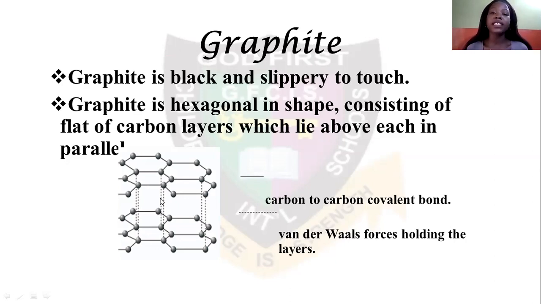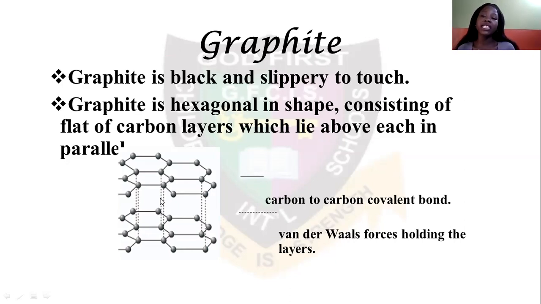Then another property of graphite is that it is a very good conductor of heat and electricity. It can conduct electricity because there are free valence electrons in the graphite structure that can easily move when electricity is applied to it.